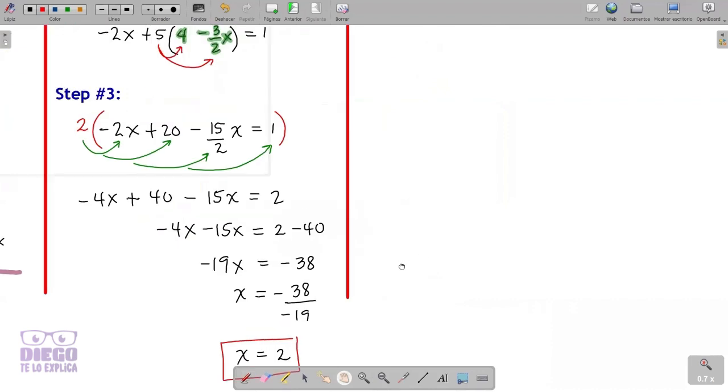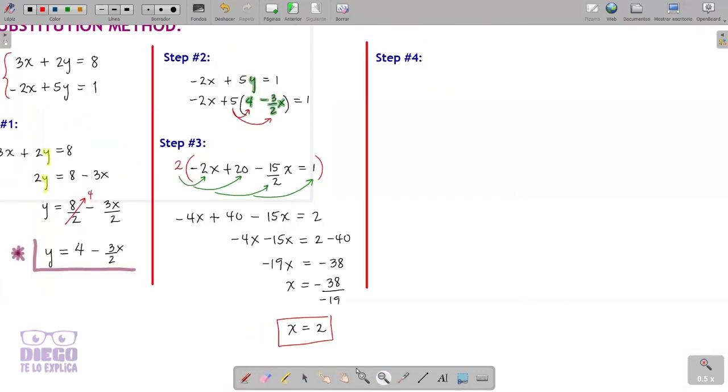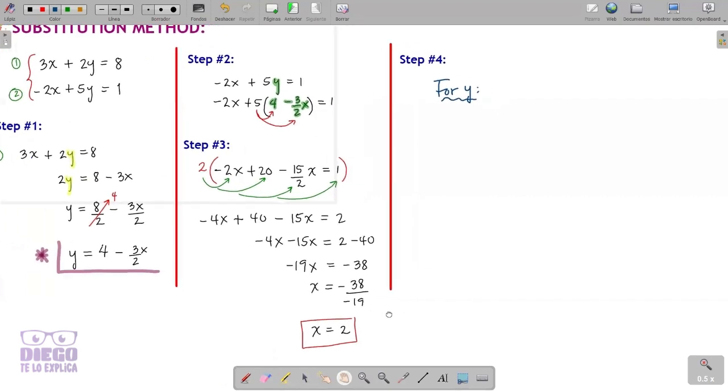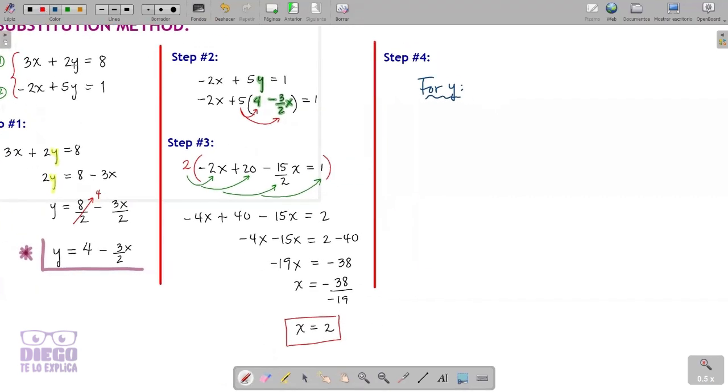Now, as I told you, the easiest part of this is when we are going to find the other letter. As we found the x, we're going to find the y. So for y, again, you may use the equation you want. I'm going to use the second one. If you want to use the first one, no problem.